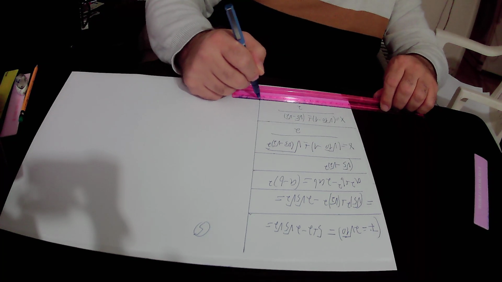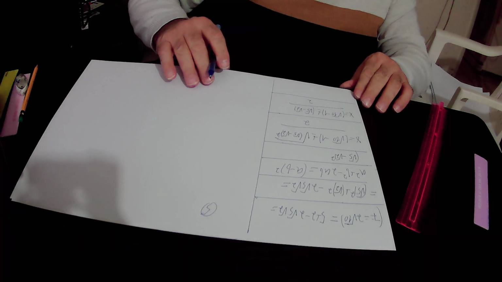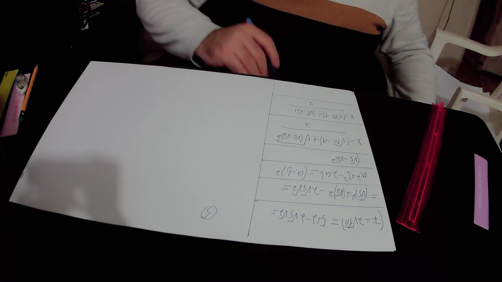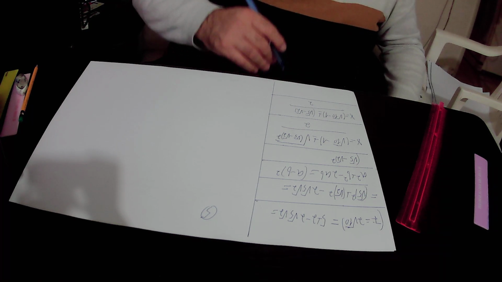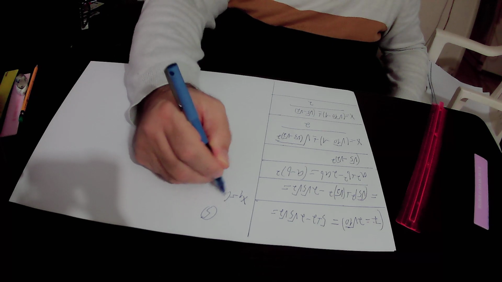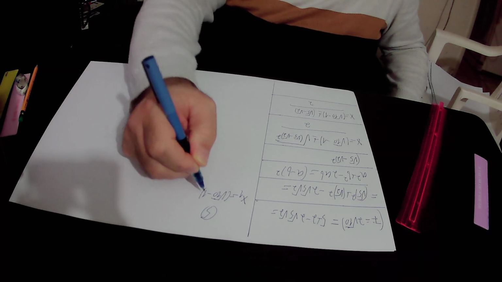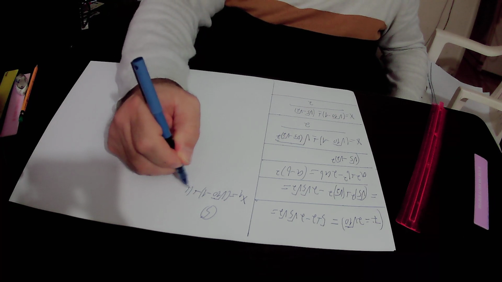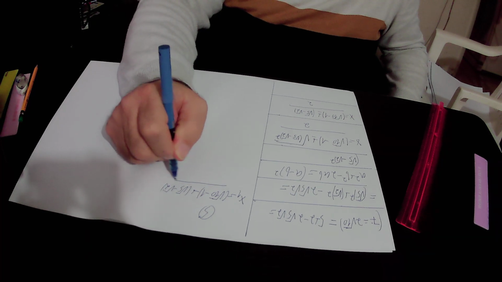So here we will have two solutions that are possible for x. We'll define the first solution as x1 and the second solution as x2. The first solution, x1, will be equal to square root of 10 minus 1 plus square root of 5 minus square root of 2, divided by 2.